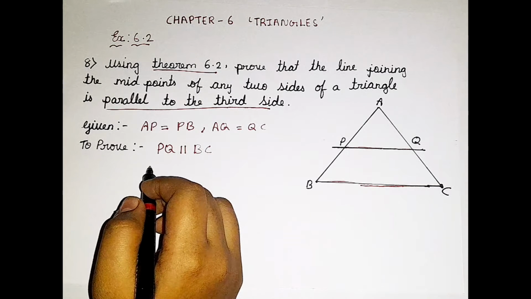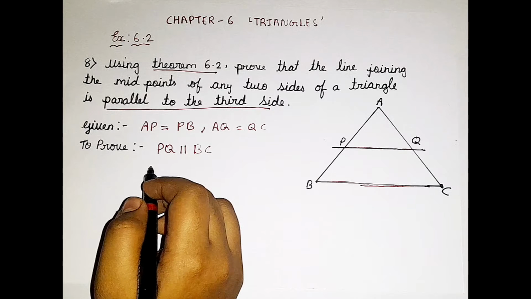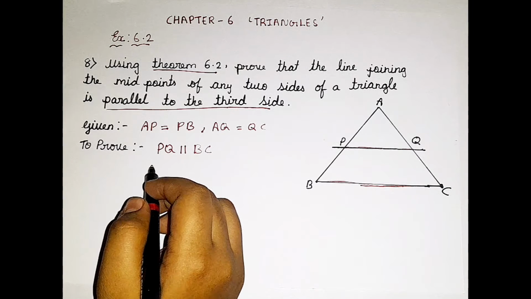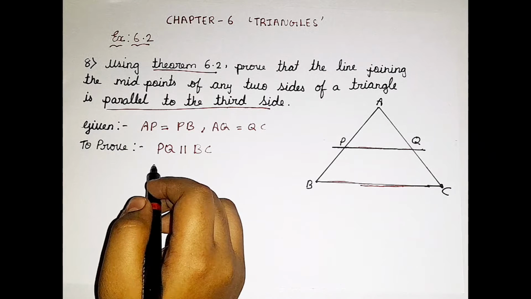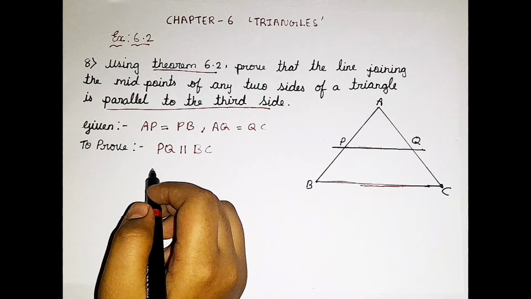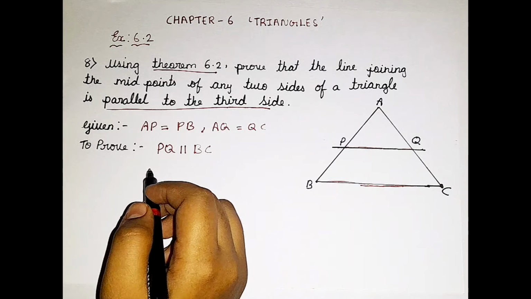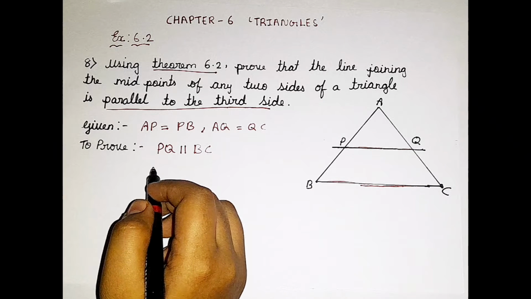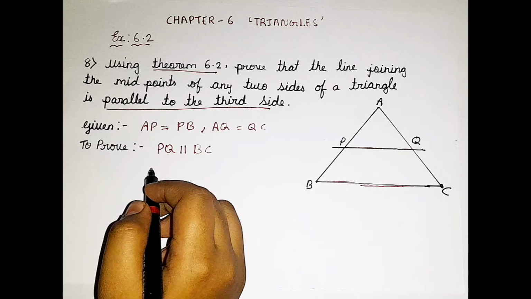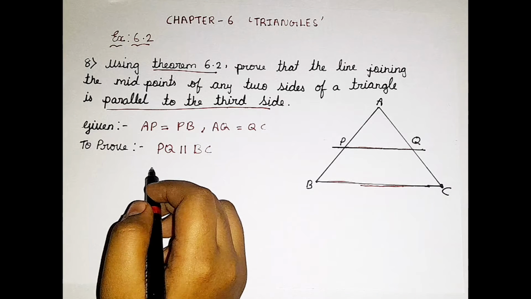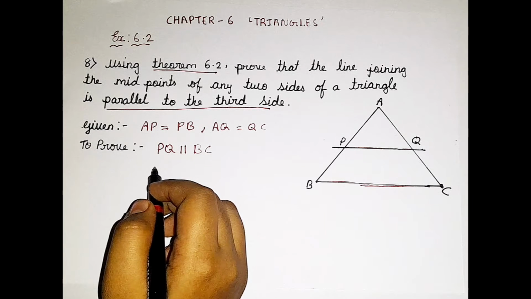In the previous questions as well, from question number 3, I told you guys how to identify whether in a question we are going to be using the converse of BPT or only BPT, that is the basic proportionality theorem. I told you the tricks in the third question, and in most of the questions. If you want to know how to find that, you can watch that video.